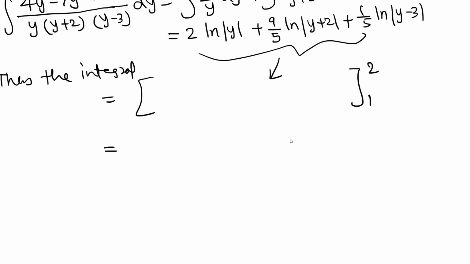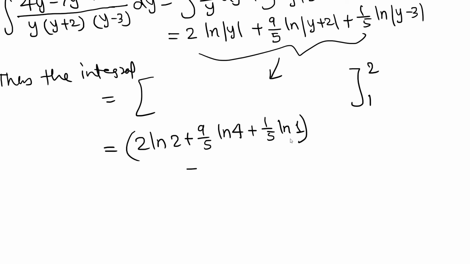Let's plug in 2. So that is the upper limit: 2 natural log of 2, absolute value of 2 is 2, plus 9/5 natural log of 2 plus 2, which is 4, plus 1/5 natural log of 2 minus 3, which is negative 1, absolute value of negative 1 is just 1, natural log of 1. And by the way, natural log of 1 is 0.